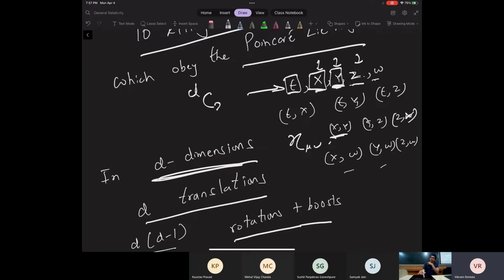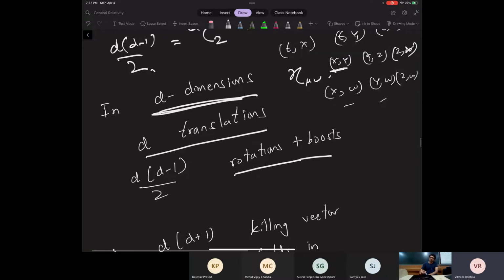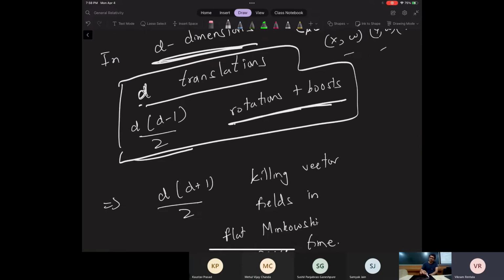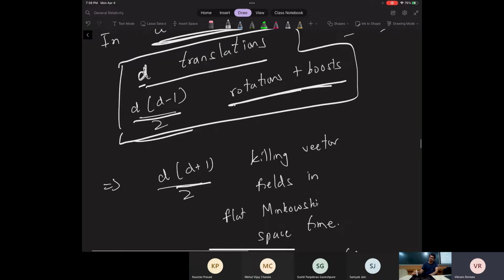That can be done in D choose 2 ways, where this is D(D-1)/2. That will give me the total number of rotations and boosts. So D(D-1)/2 rotations and boosts, and D translations. These are the isometries of D-dimensional Minkowski spacetime. If I add them up, D plus D(D-1)/2 gives me D(D+1)/2 Killing vector fields.